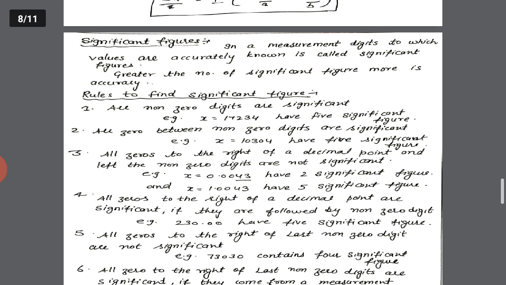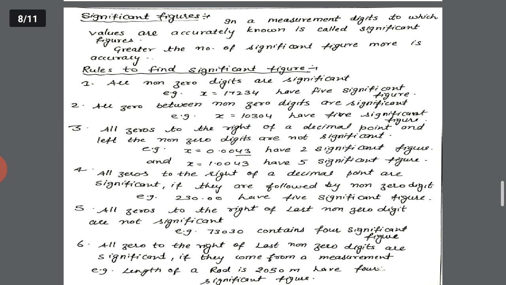Okay, let's move to the next one, significant figures. You will study the same topic in chemistry also, so let's go. In a measurement, the digits to which the value is accurately known are called significant figures. The greater the number of significant figures, the more the accuracy.